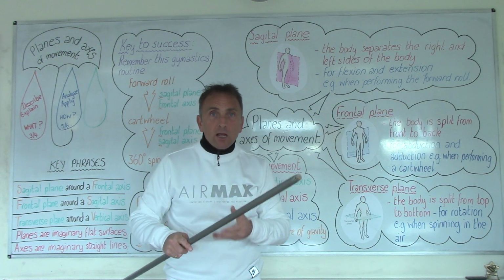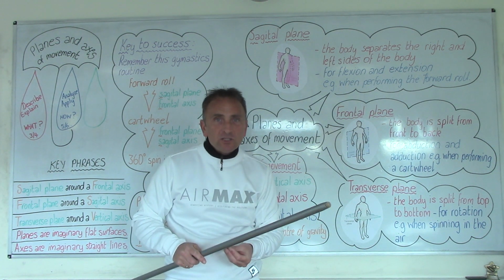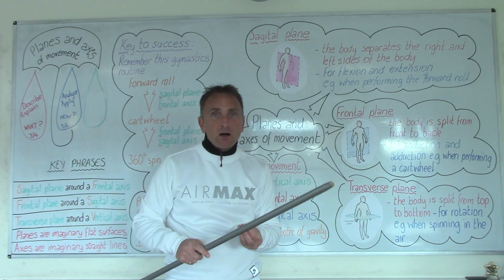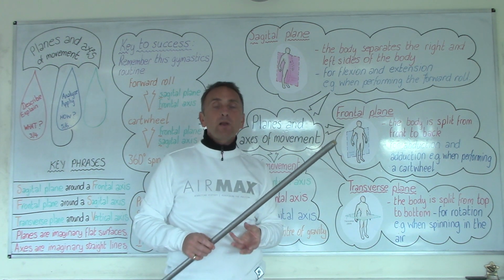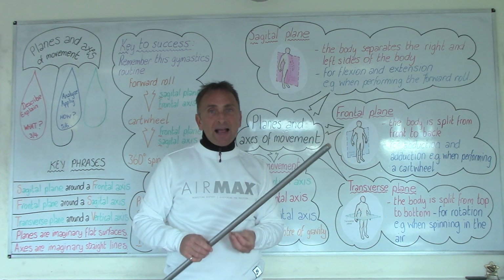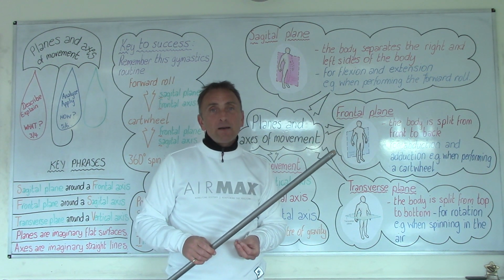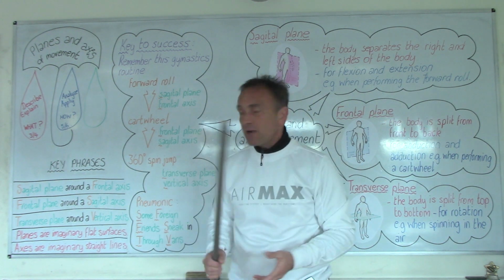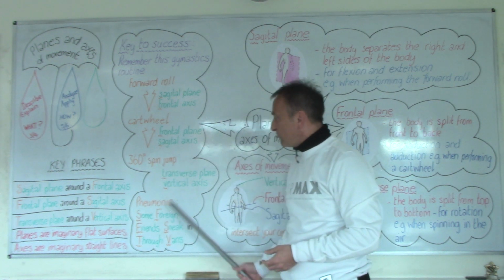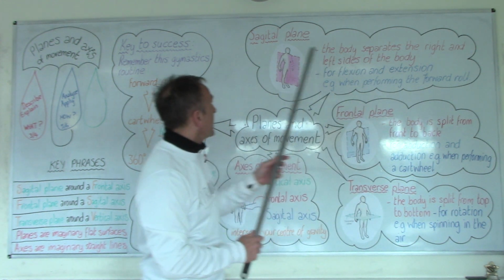Now, if you're lucky, it's going to ask you for a second mark on that sporting example. It won't just ask you for the plane, but it will ask you for the axis around which that movement occurs. And that's brilliant, because if we just remember our mnemonic, some foreign, so we've got sagittal plane.